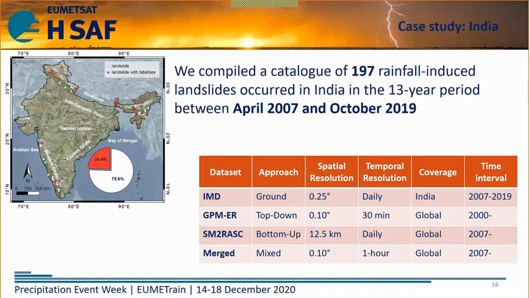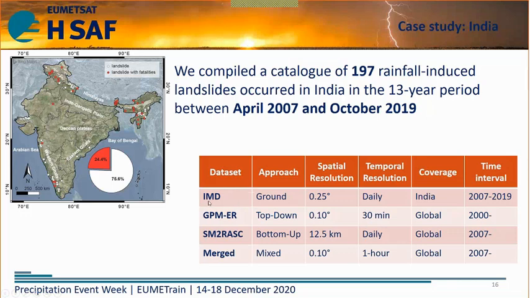We performed a similar study in India by considering a catalog of almost 200 rainfall-induced landslides that occurred during the period 2007-2019, considering 4 rainfall products.